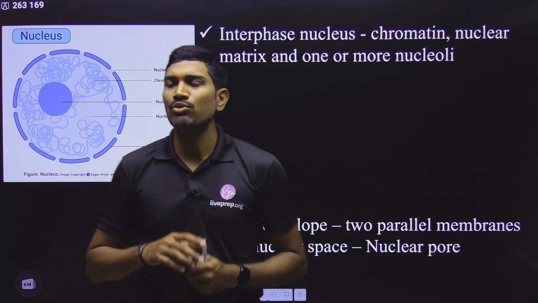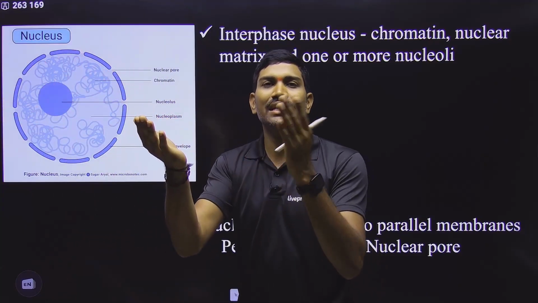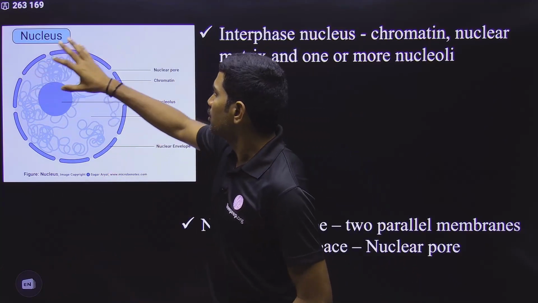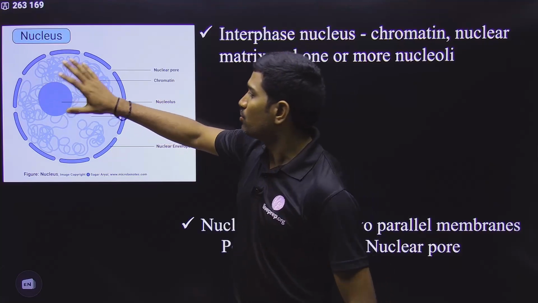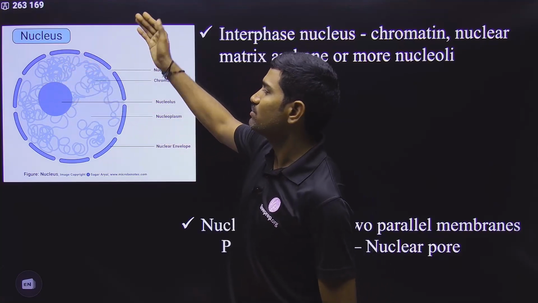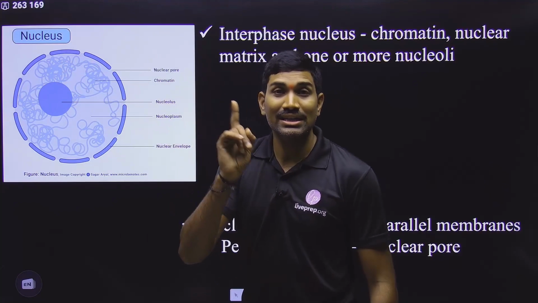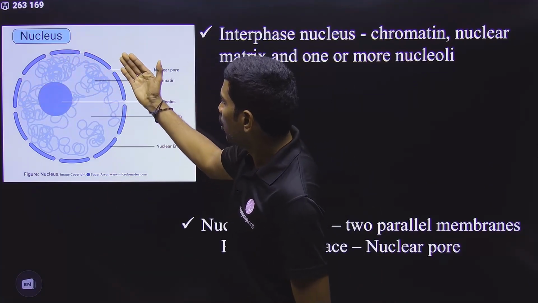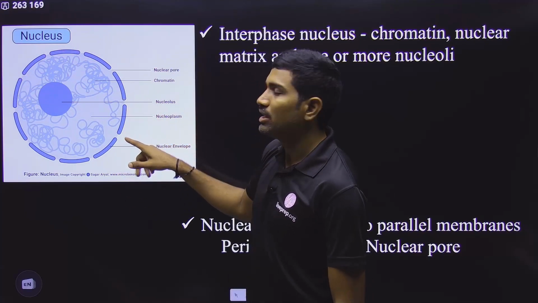First we will talk about the nuclear membrane. The nuclear envelope has two membranes, an outer membrane and an inner membrane. Because of this nuclear envelope, the content of the nucleus is called nucleoplasm, which is separated from the cytoplasm by the nuclear membrane. But at some locations the outer and inner membranes fuse together to form nuclear pores.